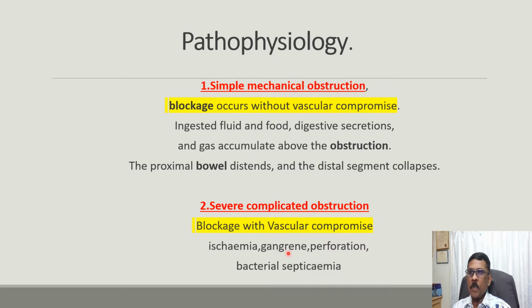In these patients, the massive distension of the proximal segment due to the accumulation of fluid, gas and food causes massive dilatation of the segment, causing ischemia of the wall. This ischemia may progress to gangrene and perforation, and this can also lead to bacterial septicemia.